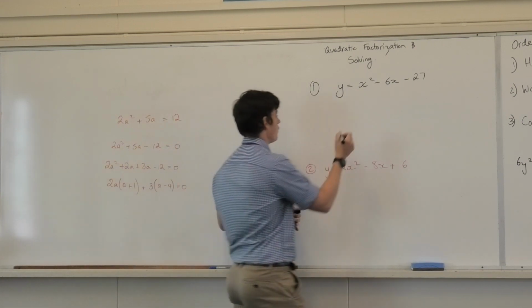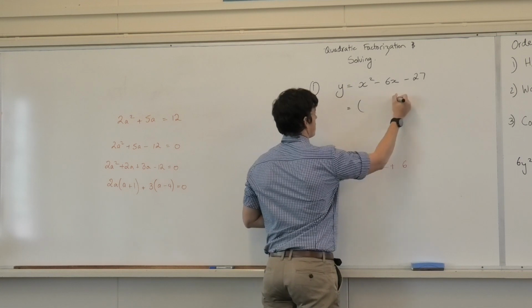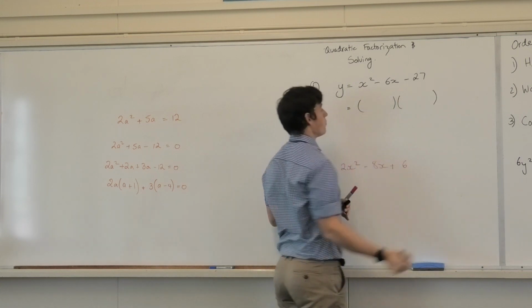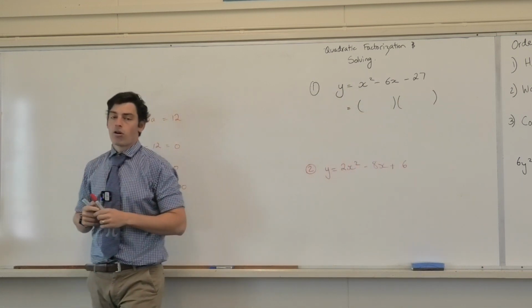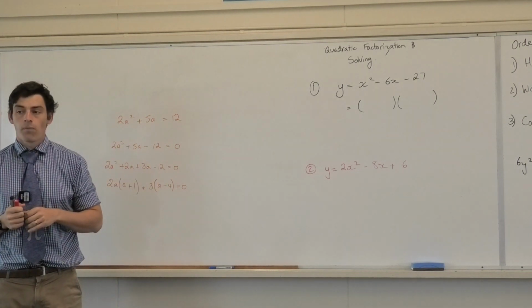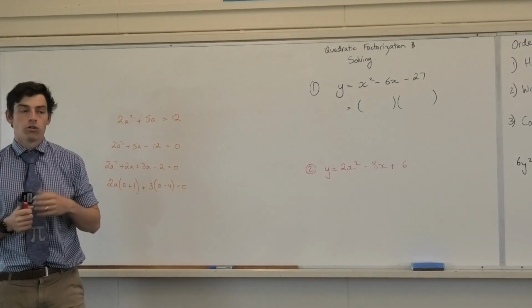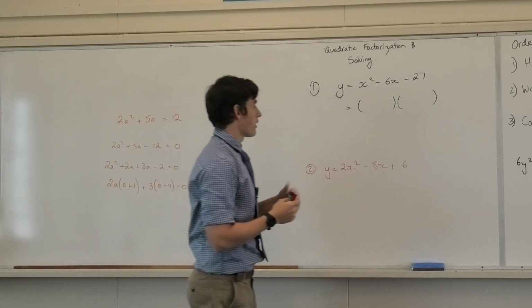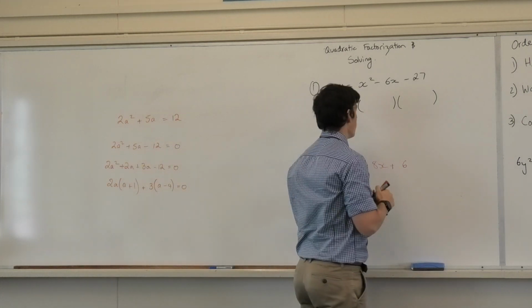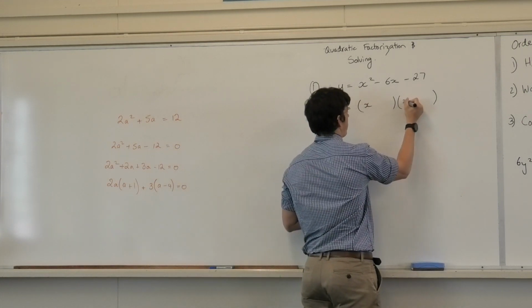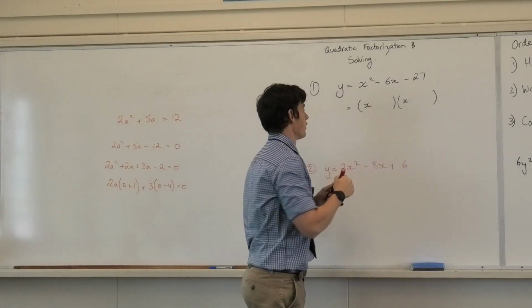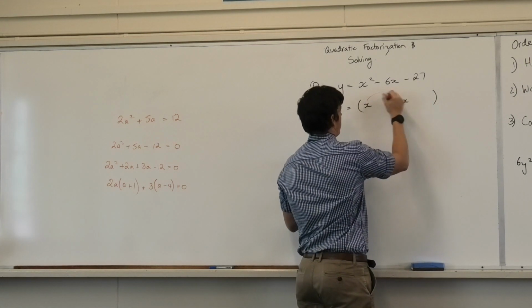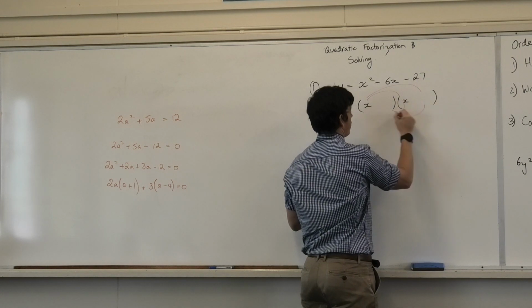More often than not, the way we're going to set these out is to have two brackets. Now what do we do when we've got two brackets multiplying by themselves? What's the strategy we use? Crackball. Go across. I'll write that here so we've got an idea. So we go 1, 2, 3, 4, wouldn't we?